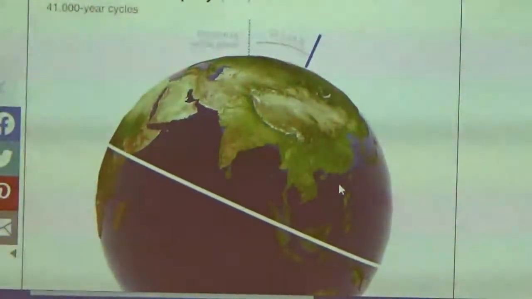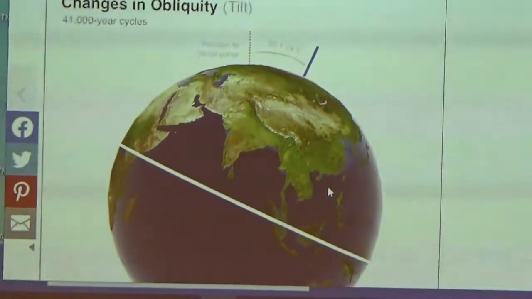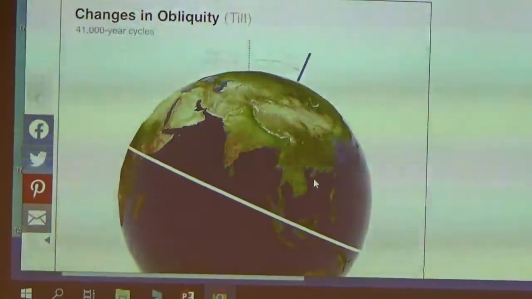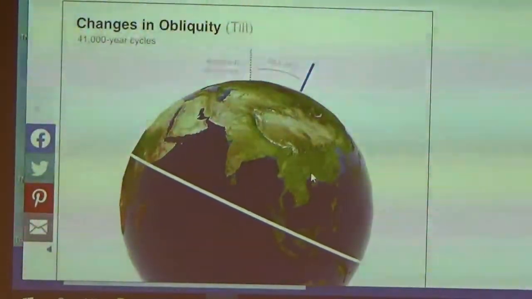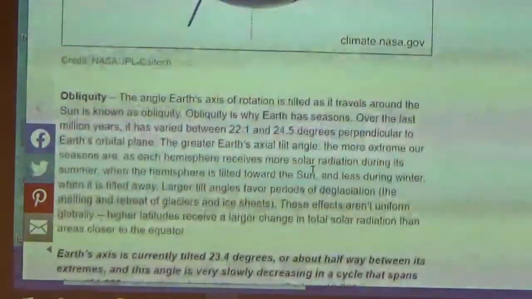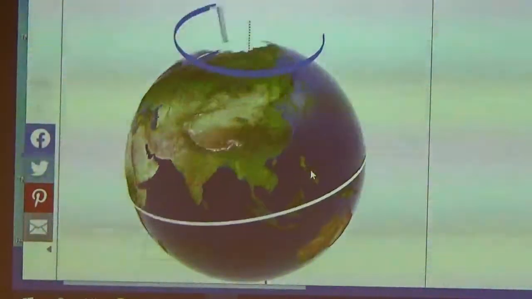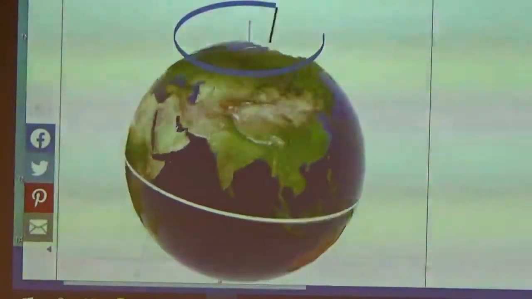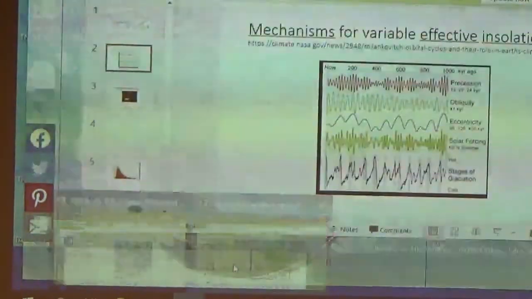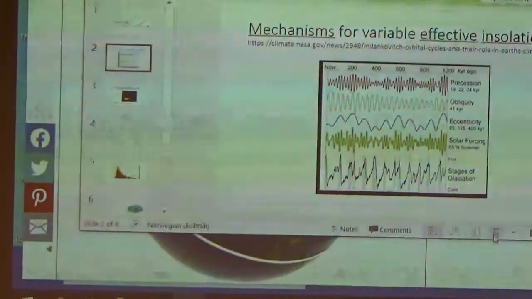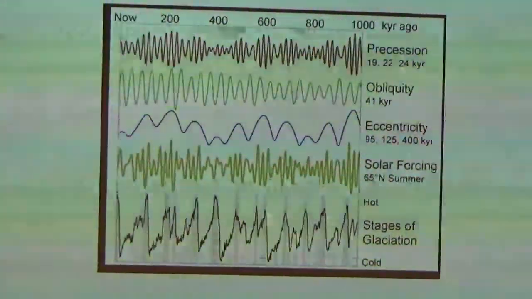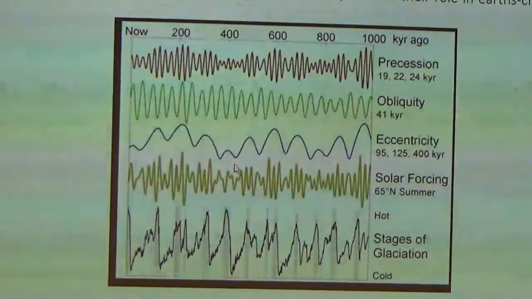Then we have this obliquity, which is the axis which the Earth spins around, which also affects the climate. And finally, we have this wobbling of this axis, which also affects climate. But they can argue that it's mainly the CO2 content that really affects us. These are very long-term things.